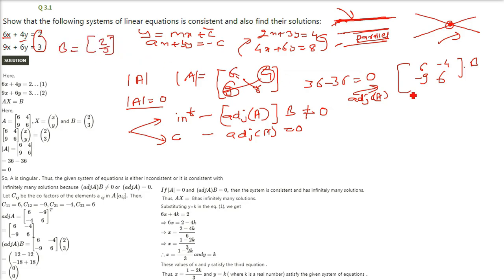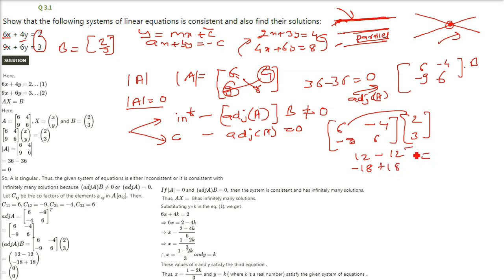So multiply it with 2, 3 and see what comes. 6 into 2 is 12, minus 4 into 3 is 12. Then minus 9 into 2 is 18, and 6 into 3 is 18, so you get plus 18. So this matrix adjoint A into B is also 0.